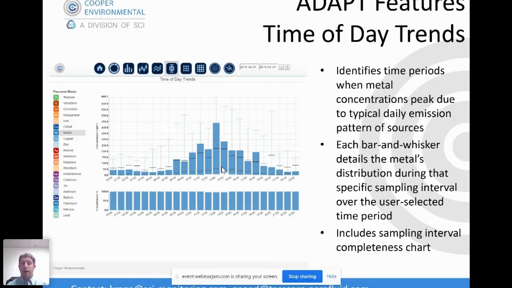You may also see other patterns for elements associated with traffic, like barium, which might be associated with brake wear. There you might see a high concentration associated with morning rush hour and another peak associated with evening rush hour. This plot lets you immediately see what that pattern is.